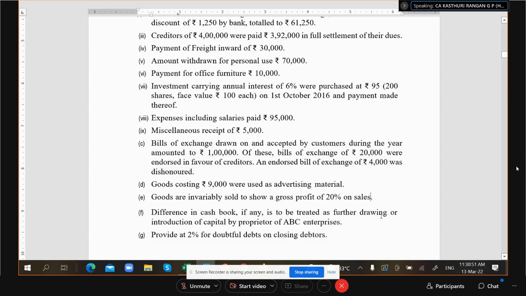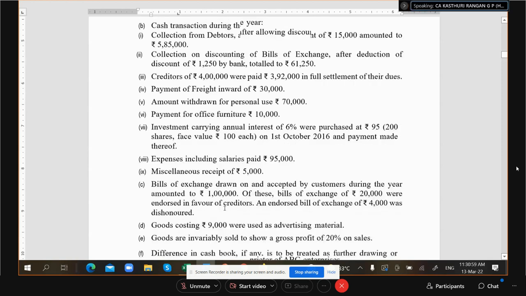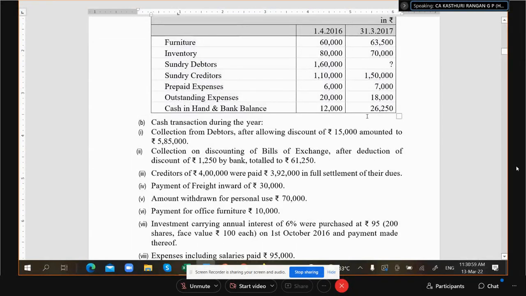Difference in cash book, if any, to be treated as further drawing or introduction of capital by proprietor. After you prepare the cash book, some difference will be there. Why? In this problem, opening and closing cash is given. Normally we find that. So when you put the opening and closing balance, it is expected to tally. But if it doesn't tally, there may be some difference.